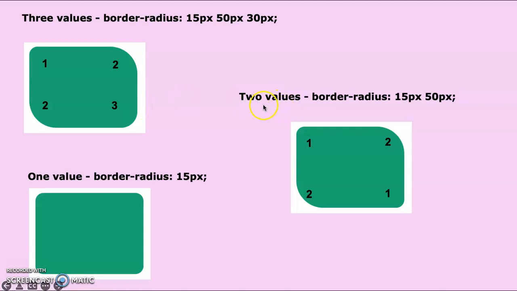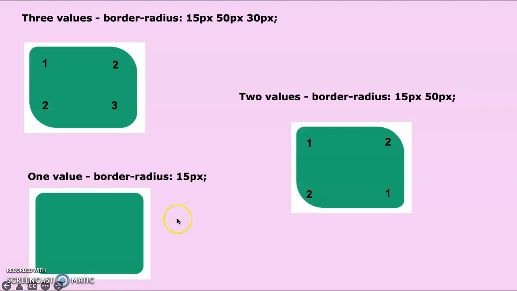And if you put only 2 values, the first applies to top left and bottom right corners, and the second to top right and bottom left corner.